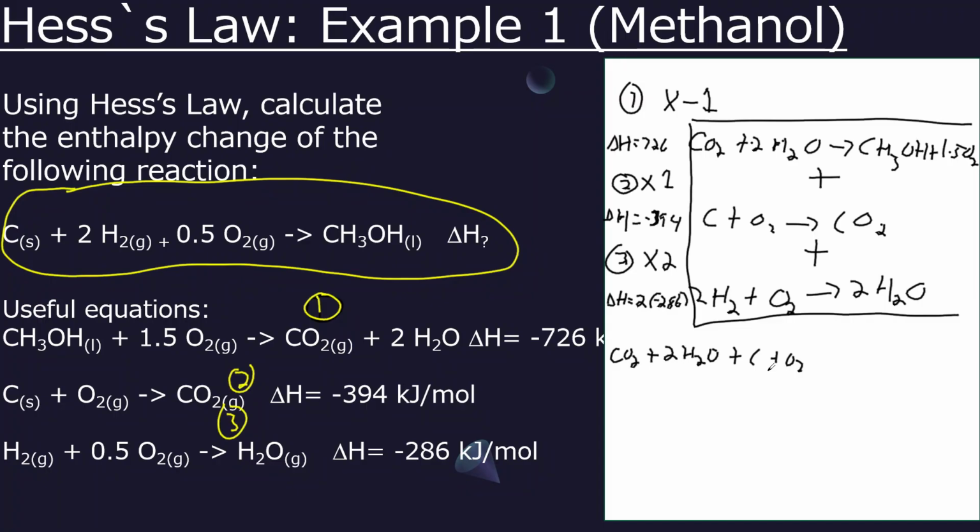One from the middle, one from the bottom. So 2 O2 and 2 H2. Is that everything? Yep. So this will go to the product CH3OH plus 1.5 O2 plus CO2 plus 2H2O.